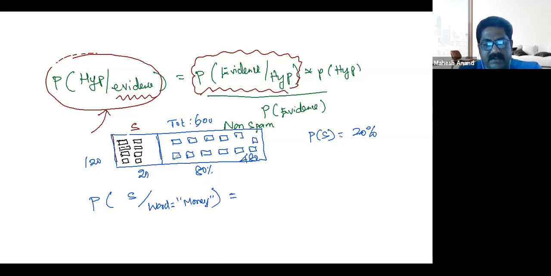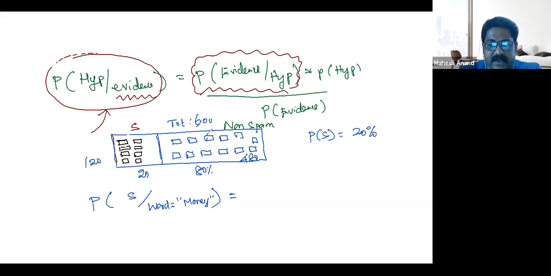You try to write this relationship based on the Bayesian rule, like hypothesis and evidence. Here, the evidence is the word money that you just see, and you need to calculate, based on this evidence, the probability that this particular mail is more likely to be spam or non-spam.